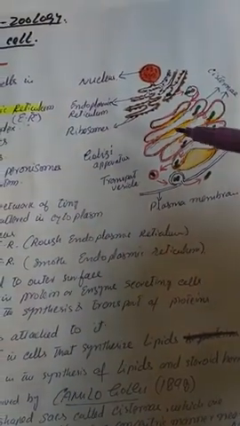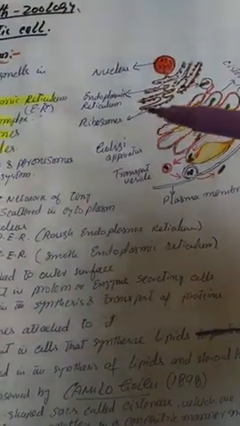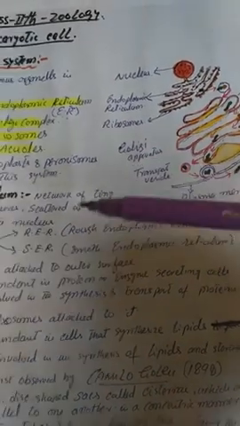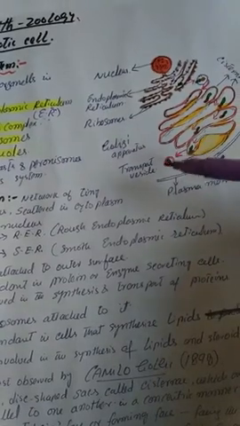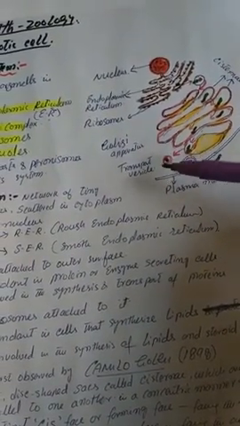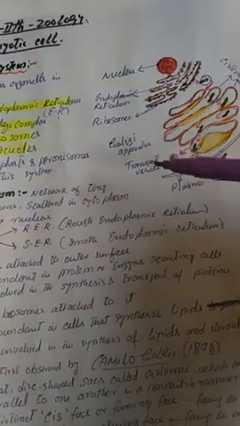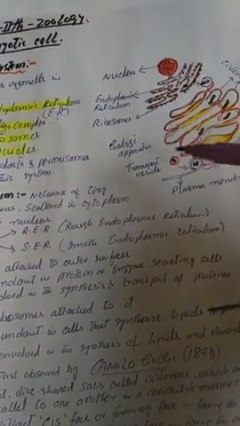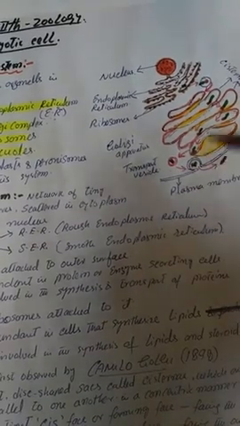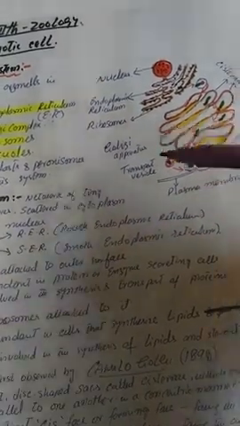Now, after the Golgi complex, another component of the endomembrane system is what we call lysosomes. Now, these spherical or irregularly shaped vesicles are in fact the lysosomes. They are single membrane bound vesicles. You must remember this.